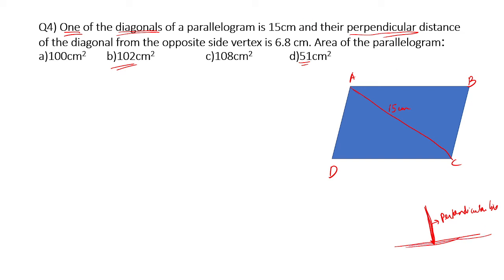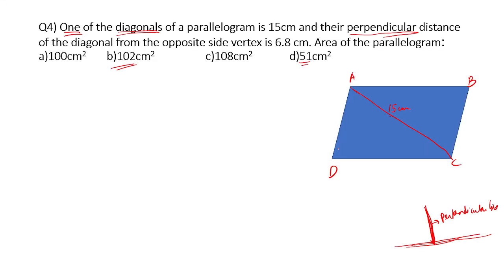And the perpendicular distance of the diagonal, the perpendicular distance from the diagonal from the opposite side vertex. So this is the opposite side vertex. So from here to here, this is what the question means. This is given as 6.8 centimeter, clear?